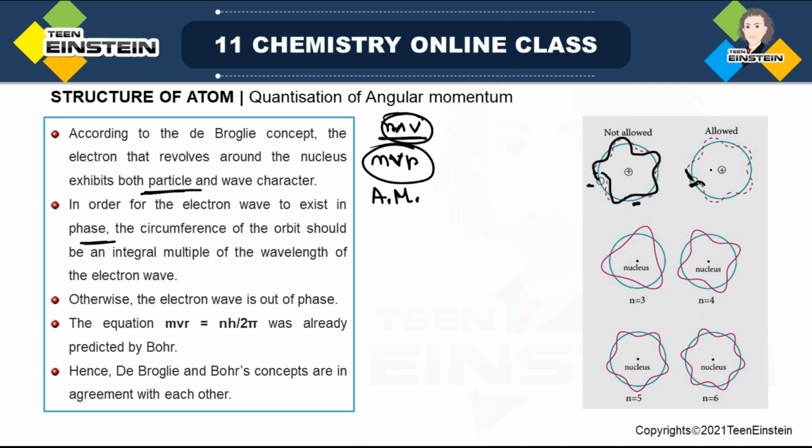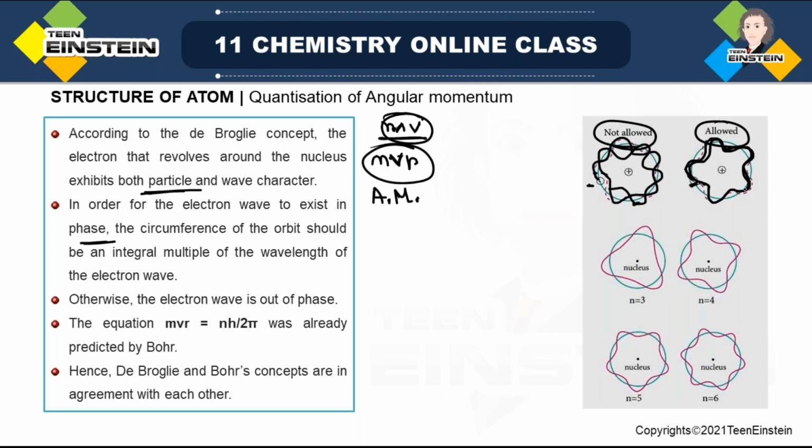Now the first one is obviously not allowed, but the second one is allowed, because if you follow the first one, the electron will not be in the same phase. If I continue this, you will see it will be something like this, then again it will not meet. But if you follow the second one, as it is in phase, it will always follow the same path.